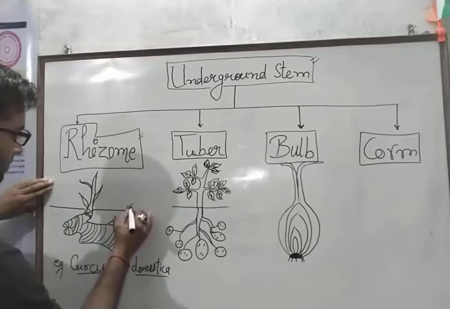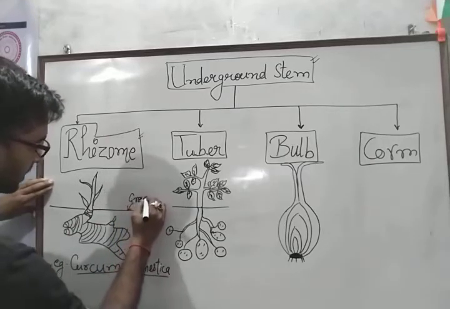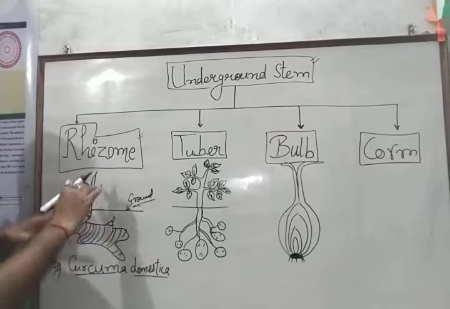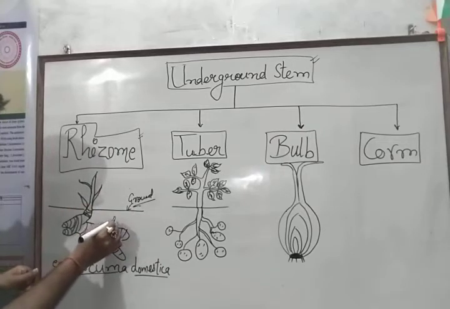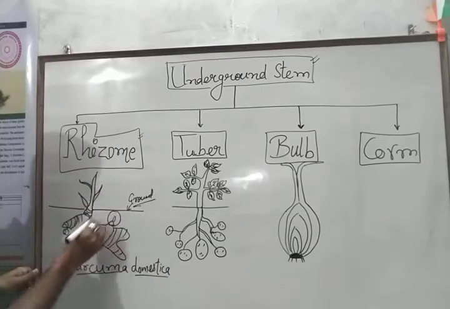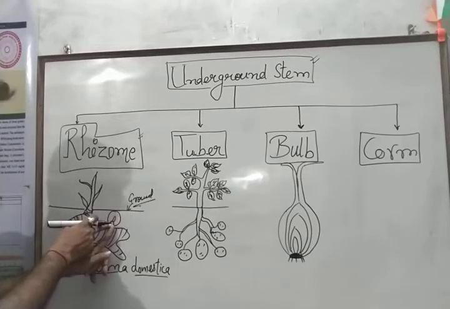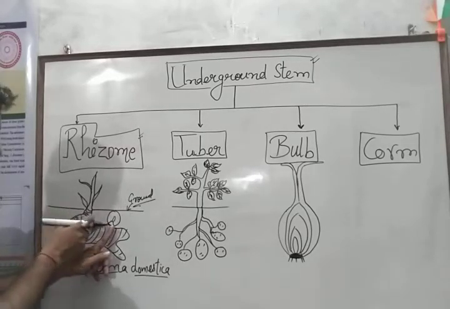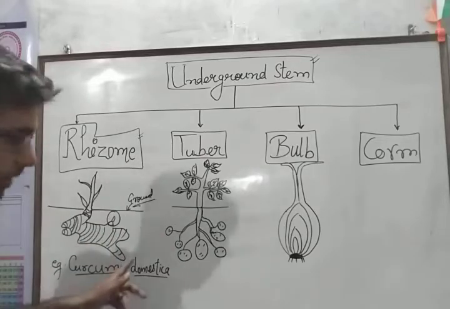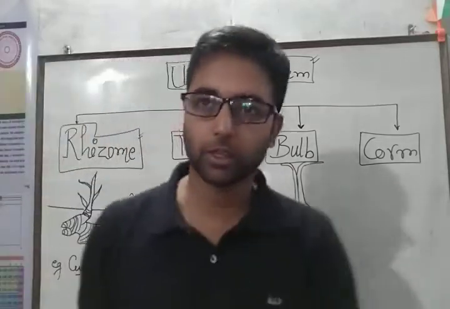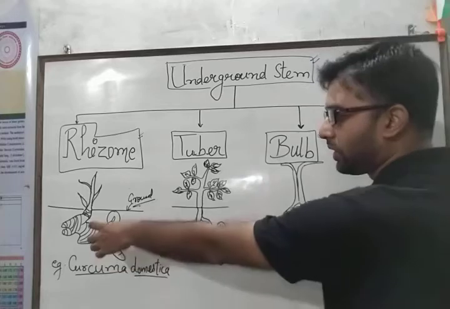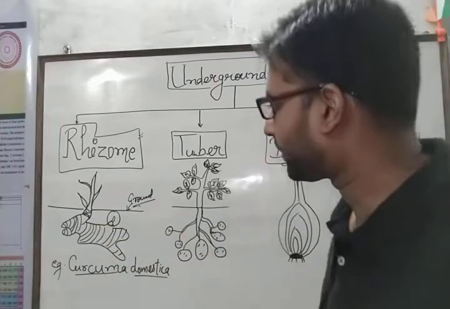See, this is the ground level. So these are underground stems, and this one is a node and this is another node. The distance between two nodes is the internode, and that's why it is a stem. It is confirmed that it is a stem because nodes and internodes are present here.